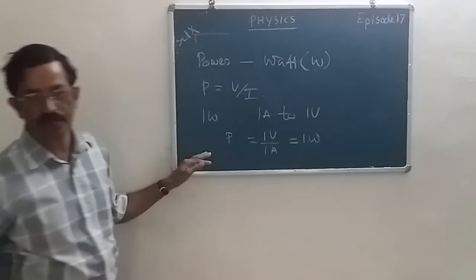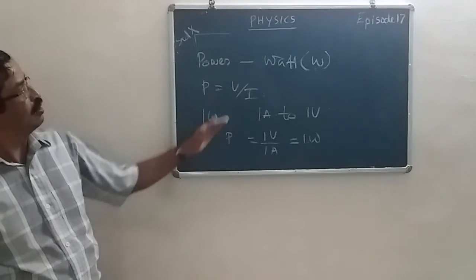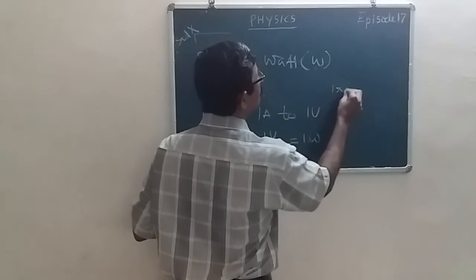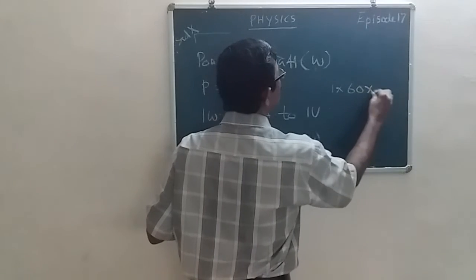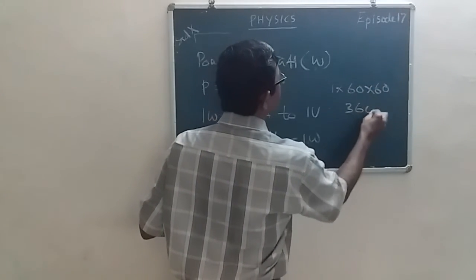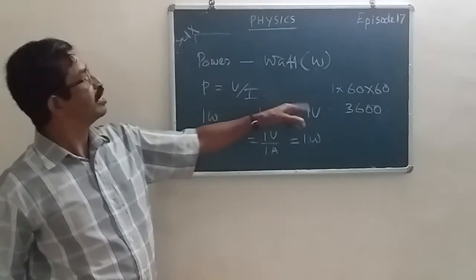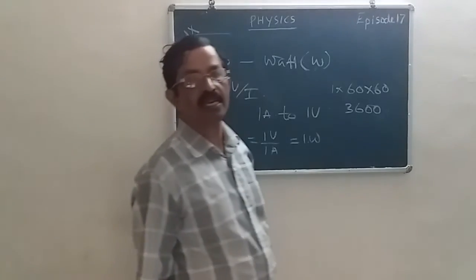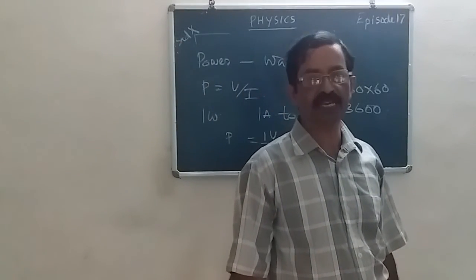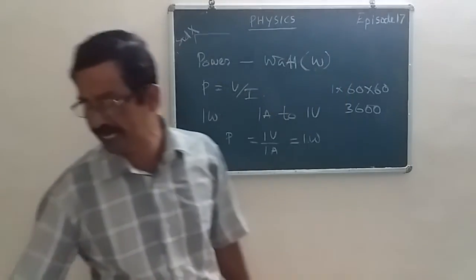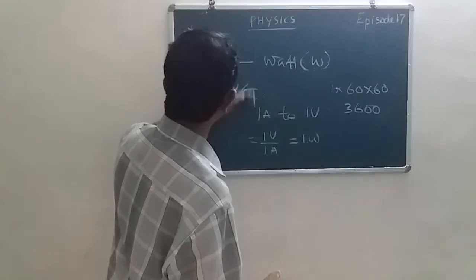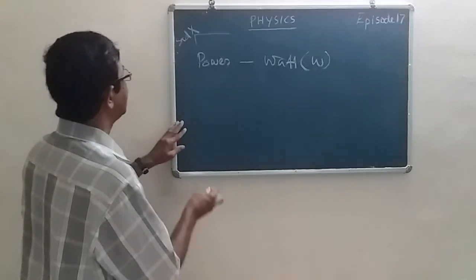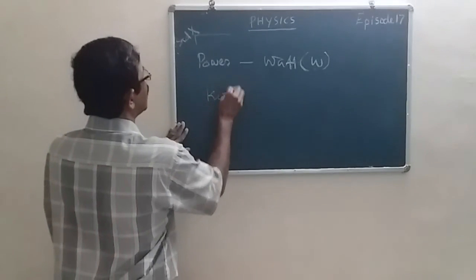This power unit watt is very small, so we use watt hour. Watt hour means 1 watt into 1 hour, that is 60 into 60, that means 3600 watt seconds. And for electric energy supplying devices, the commercial unit of electrical energy is the kilowatt hour.